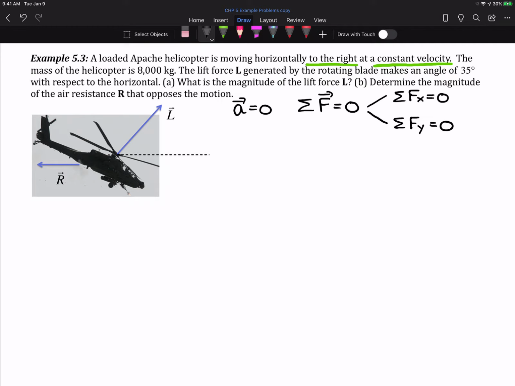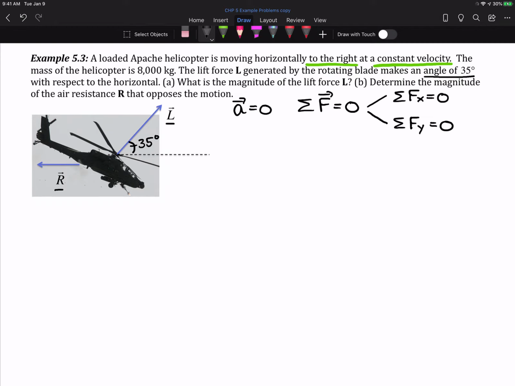So before we can try to work out this problem, the first thing that we should do is to go ahead and draw in all the forces that are acting on our system, and also to identify a coordinate system. So in our picture, we already have a resistive force that's acting back and a lift force that's acting up. They do tell us in the problem that that lift force makes an angle of 35 degrees with respect to the horizontal. So this angle here is 35 degrees.